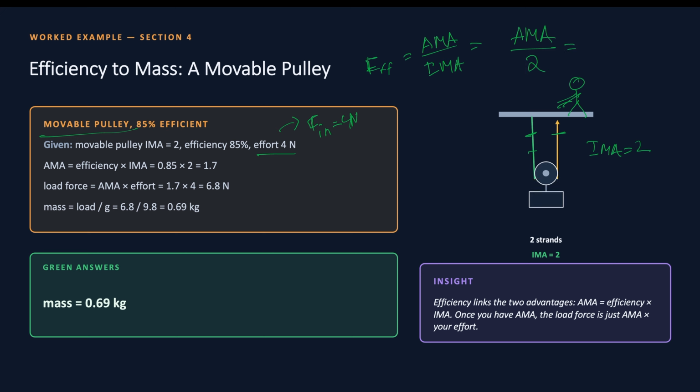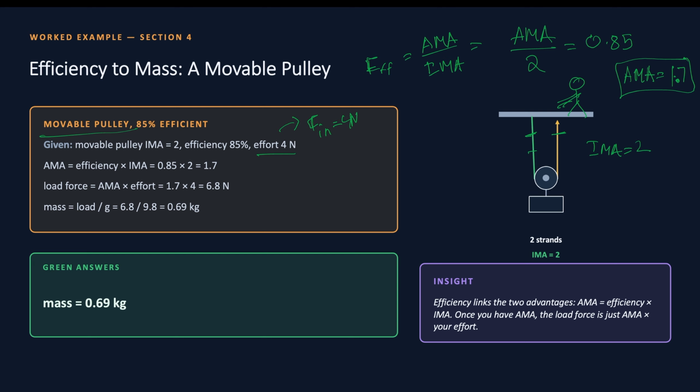Is equal to 0.85. Or 0.85 times 2. AMA is equal to, so let me see what that is. That's about 1.7. Okay, 1.7. And then what?